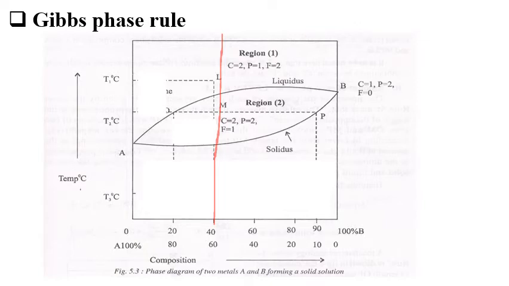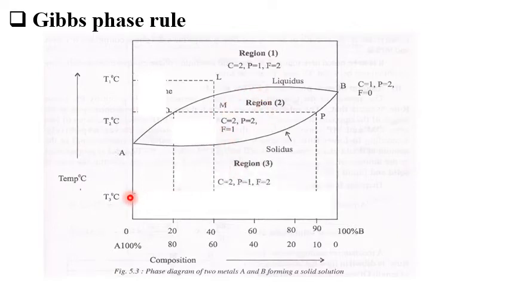So by fixing any one variable, we can control the compositions which are present at that moment. So we normally say components 2, phases 2, so degrees of freedom is only 1, that is at a temperature T2, in this region where we have a liquid plus a solid.